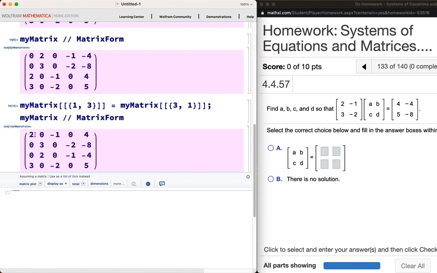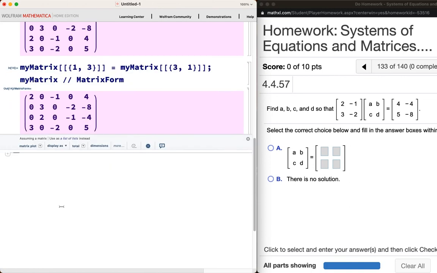Okay, now my goal is to change this 2 into a 1. How do you do that? Well, multiply the entire row by 1/2, right? So row 1 is going to become equal to 1/2 times row 1.